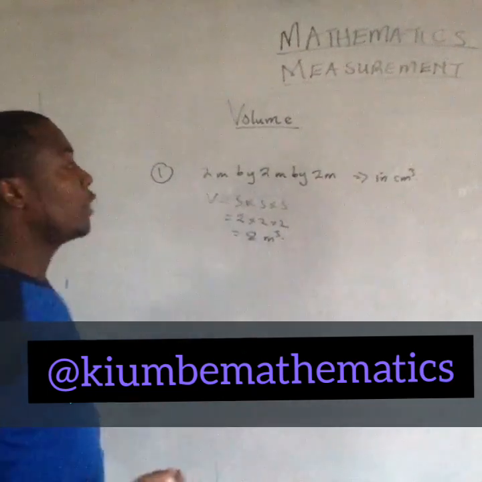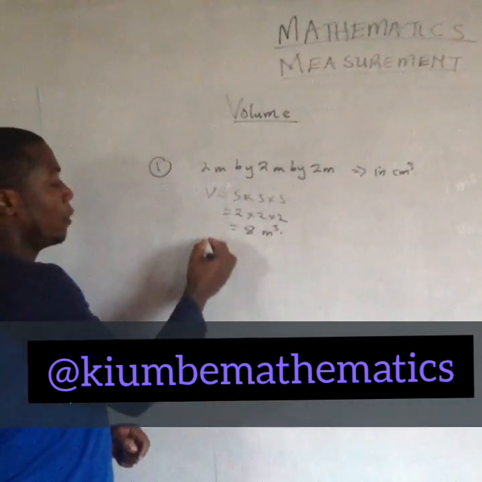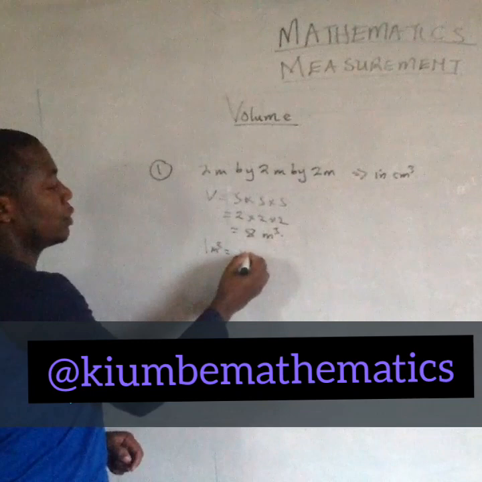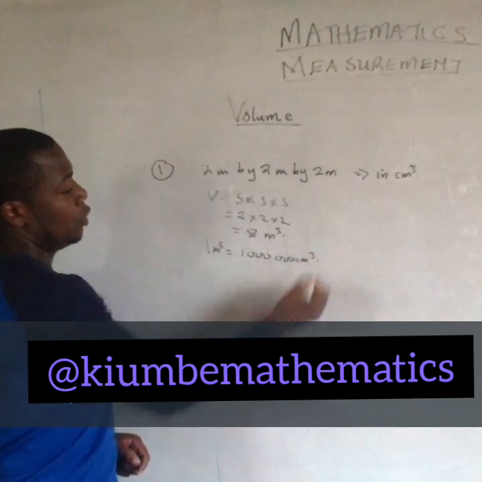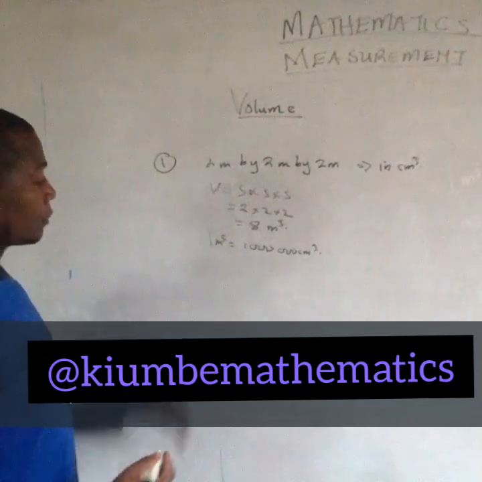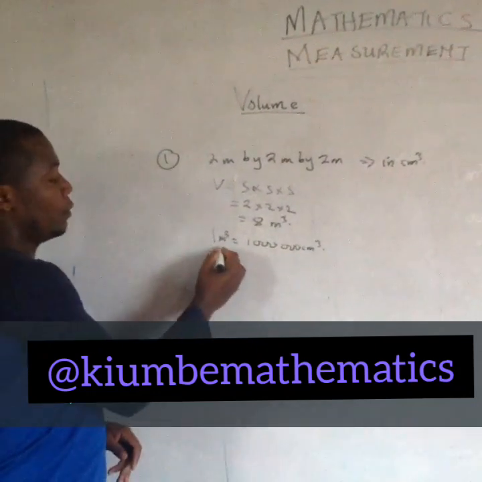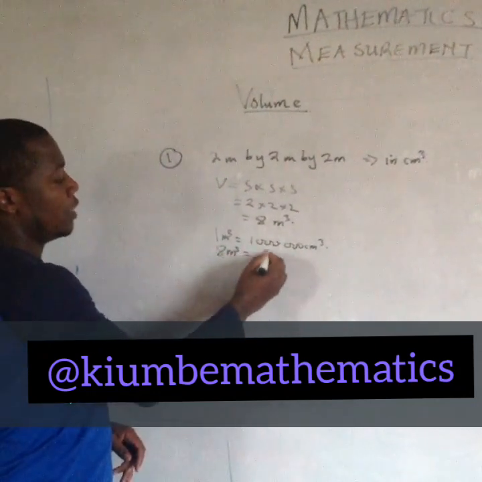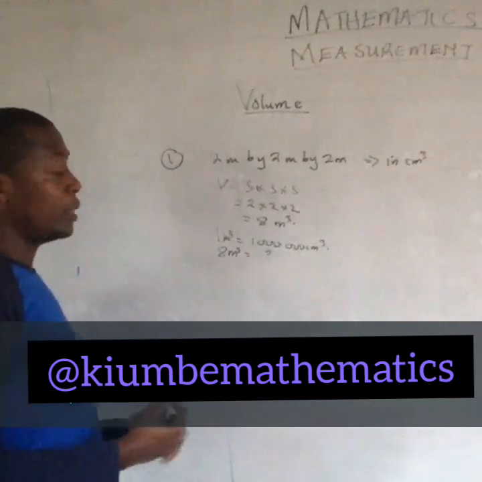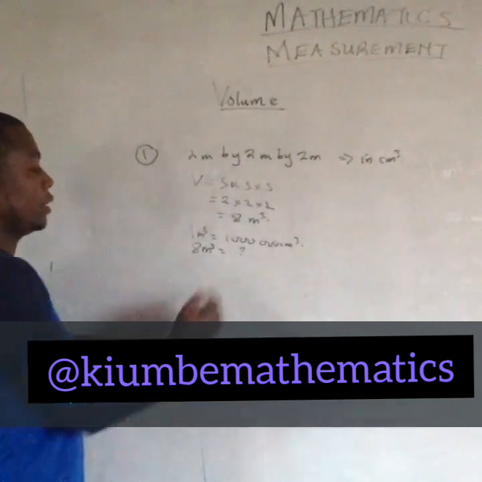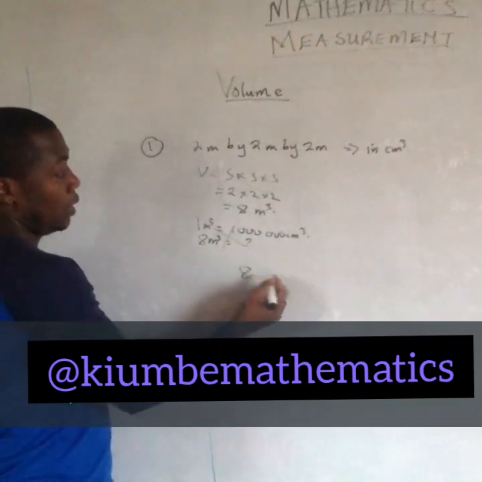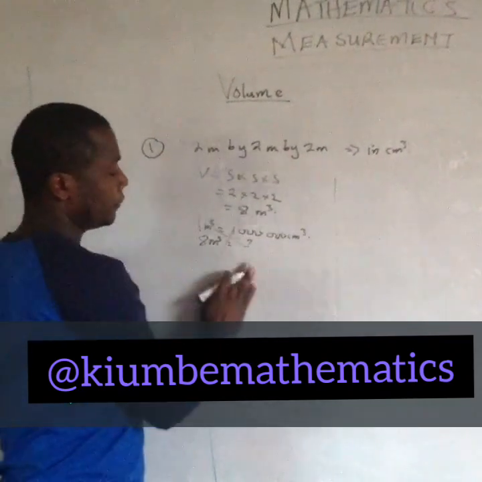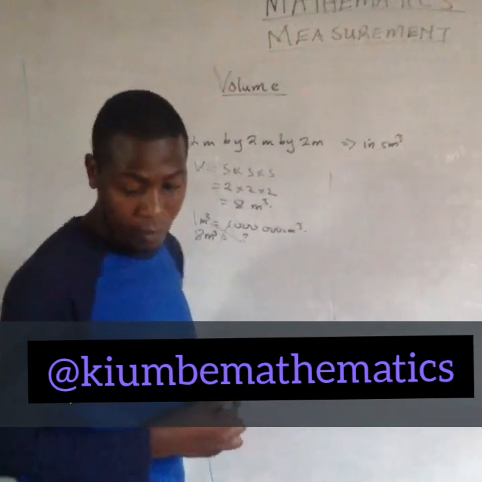But remember, in our conversion we did earlier, we said 1 meter cubed is equal to 1 million centimeters cubed. Therefore, when we convert this one, we should ask ourselves how many centimeters cubed are 8 meters cubed, then you cross multiply.